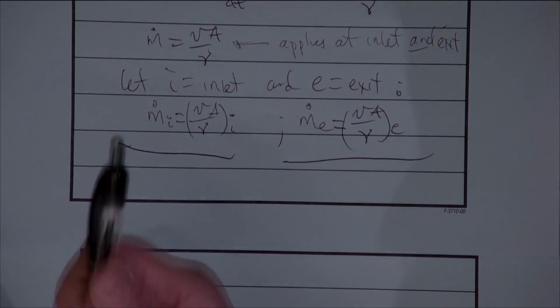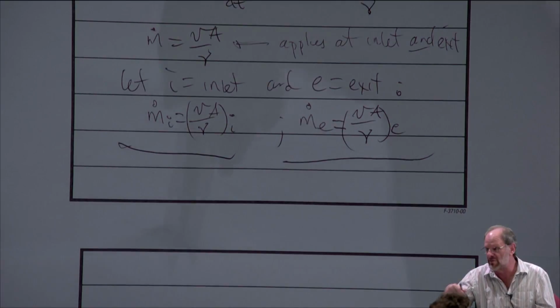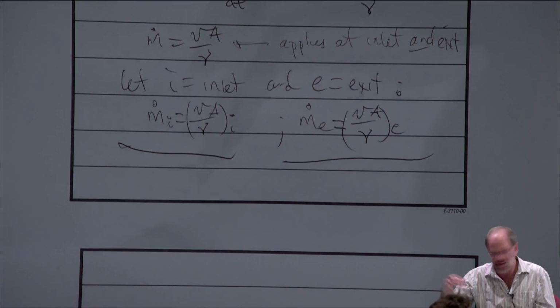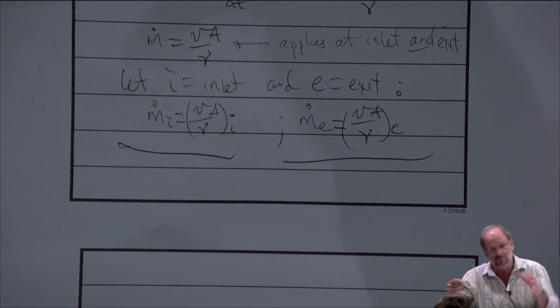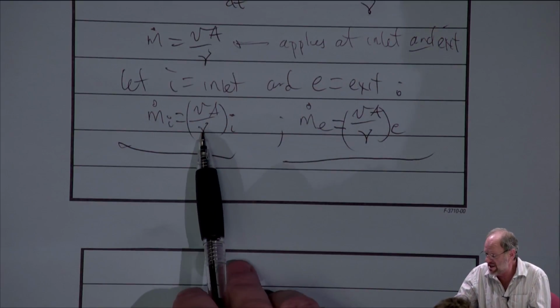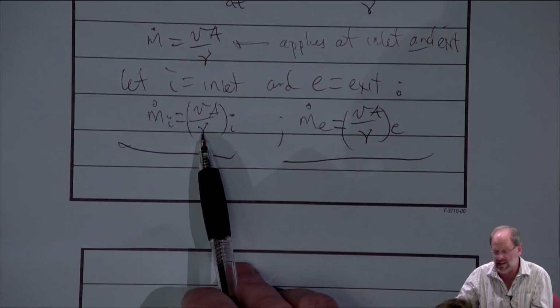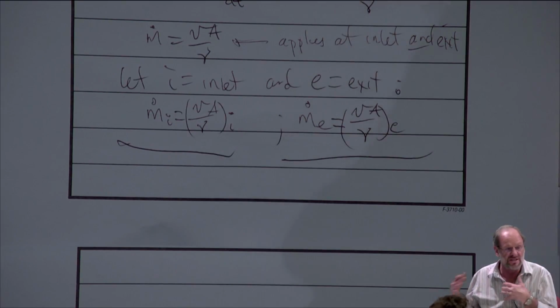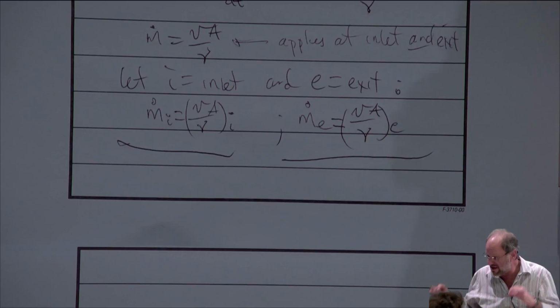Now, maybe you asked this question because you've already had your fluid mechanics course. But remember, fluid mechanics deals with incompressible fluid flow. Every problem you'll see in your 311 class deals with incompressible fluid. Incompressible meaning that there is no change in the specific volume. So in an incompressible fluids class, like 311, V in and V out are always going to be the same. But this isn't a fluids class, okay? There will definitely be changes.